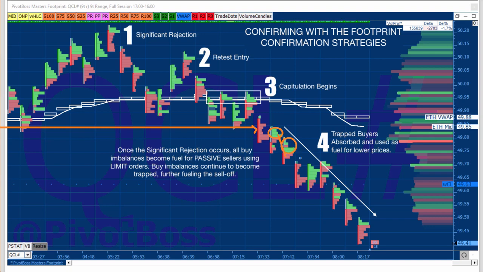Look at all these buyers get in, and boom. When you see that happening, it is very clear that passive sellers using limit orders are just consistently rolling down and absorbing all buyers and using their orders as fuel to rotate this thing downward.